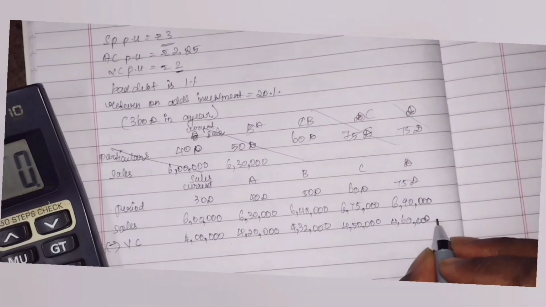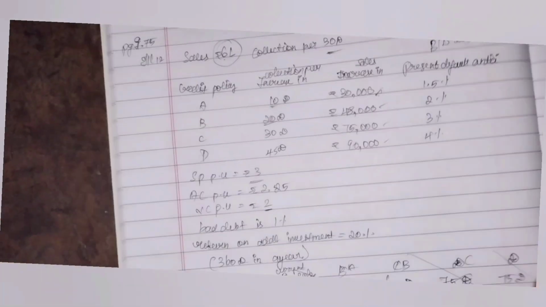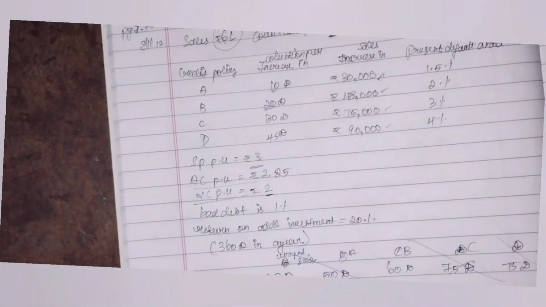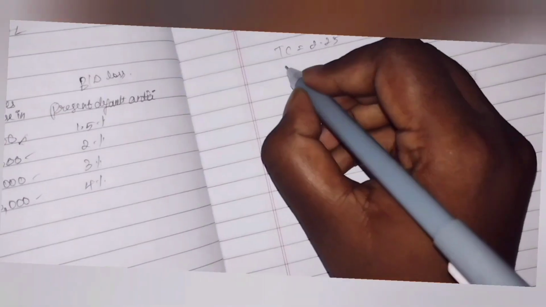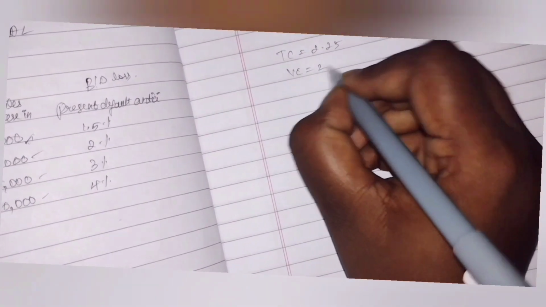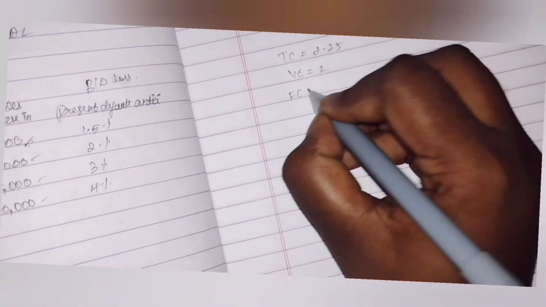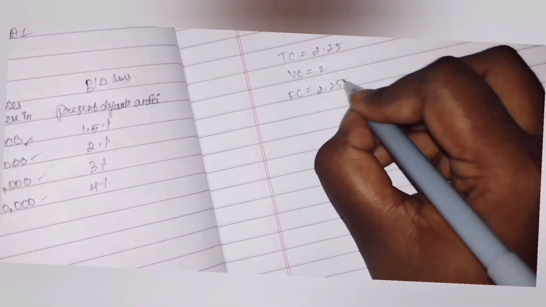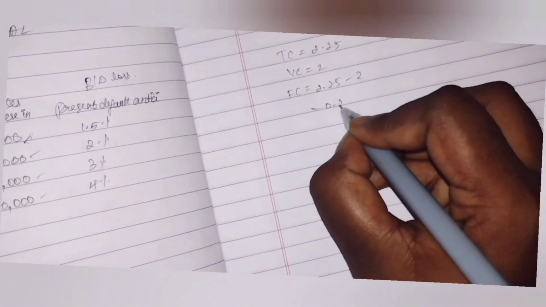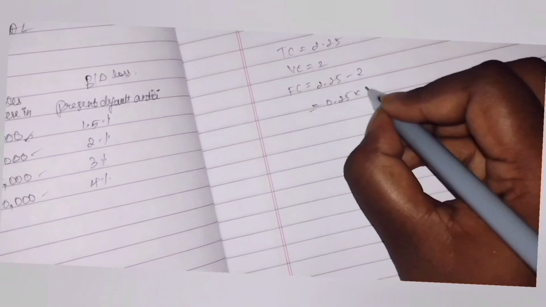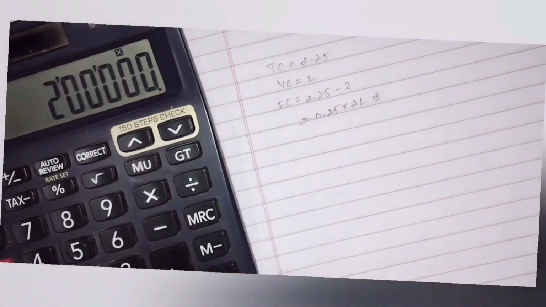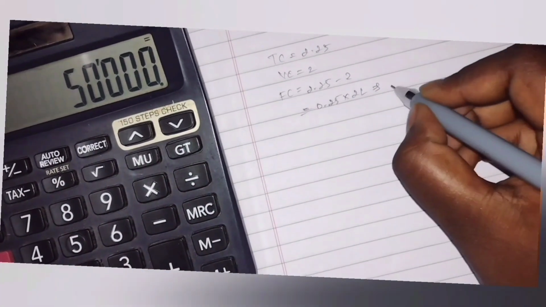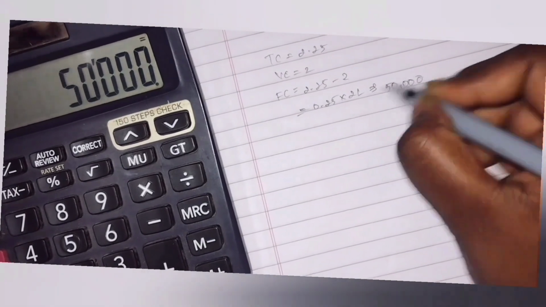I just did it. And next they have given average cost and variable cost per unit. So average cost, which is nothing but total cost, is 2.25 and variable cost is 2, so the balance would be fixed cost, which is 2.25 minus 2, which is 0.25, of existing units, which is 2 lakhs. When we multiply 2 lakhs into 0.25, we get 50,000, which is the fixed cost.